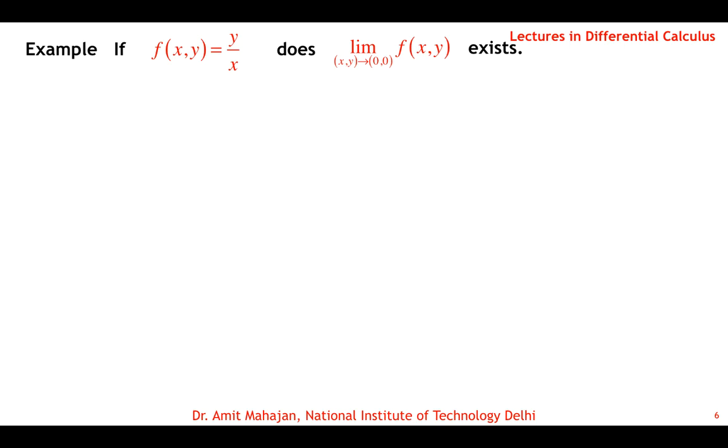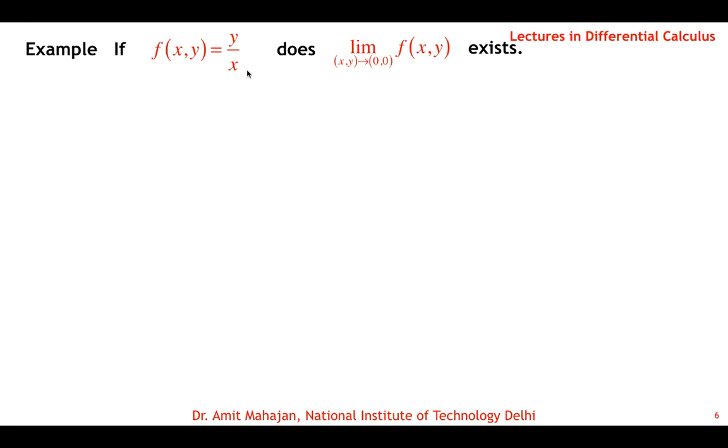Now we take one more example here. If a function is y by x, does the limit as xy tends to 0 0 of the function exist or not? Again, note that the domain of the function is all xy points on the plane except where the denominator is 0, so all points except x equal to 0. So x cannot be equal to 0.